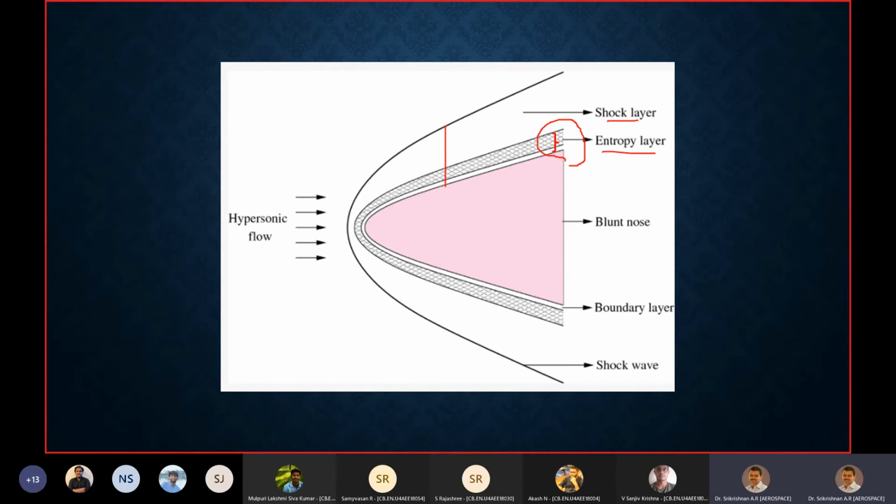What you said is correct. In the schematic diagram, they have just highlighted a portion where there is a gradient in entropy. Otherwise, the layer spans all across, where the gradient may keep reducing as you go away, but you will have more prominent effects near the wall.